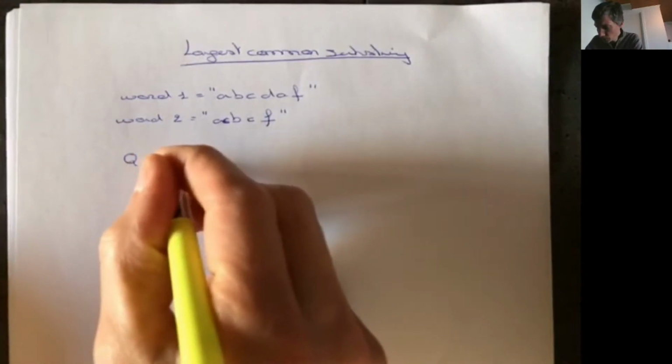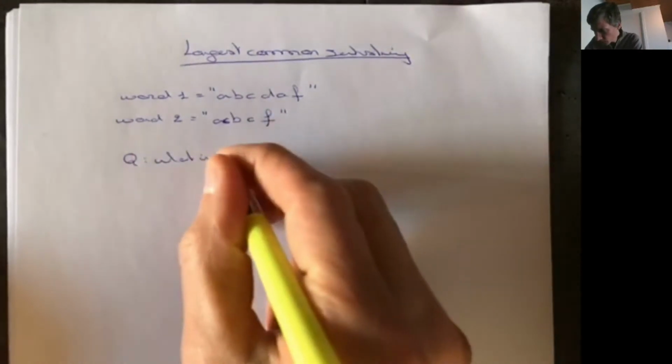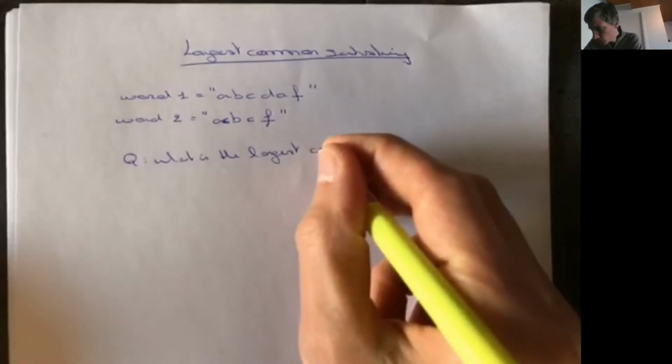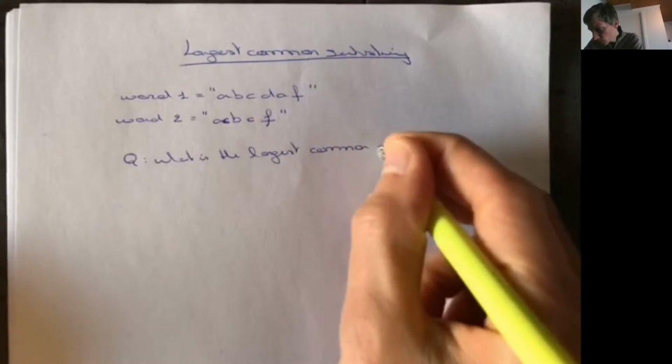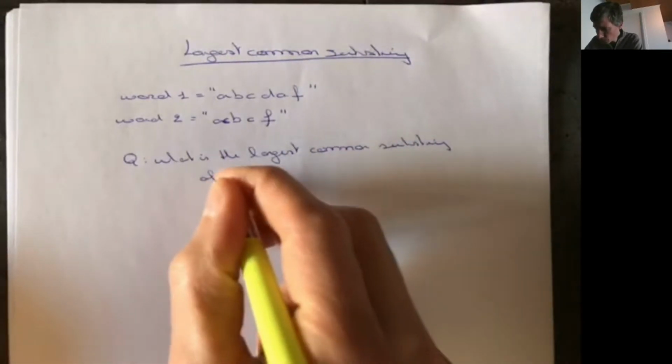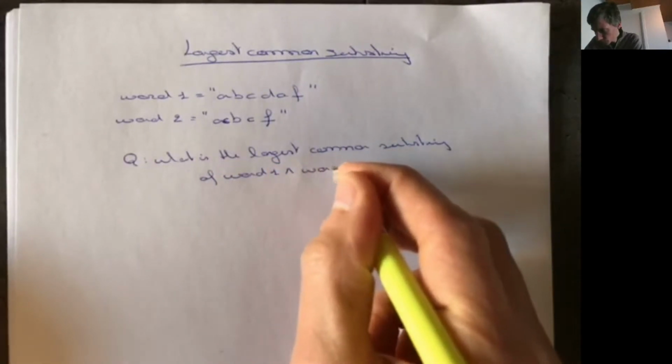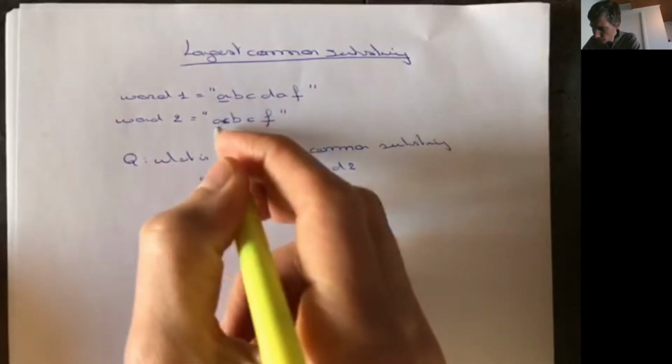Okay, and the question is the following. What is the longest common substring of the first word and the second word? So for example, I have a common A here.